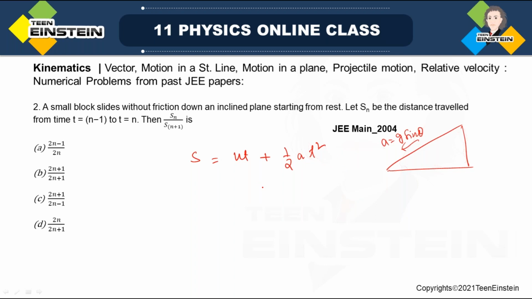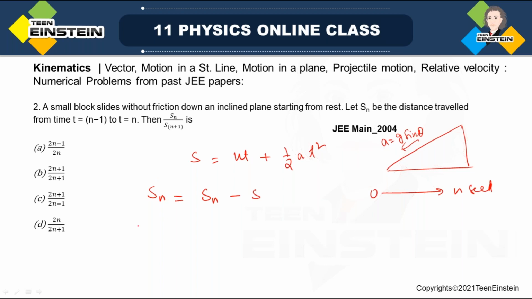Now the point is, what is Sn? How do I write Sn? See, Sn means the distance traveled during that particular second.